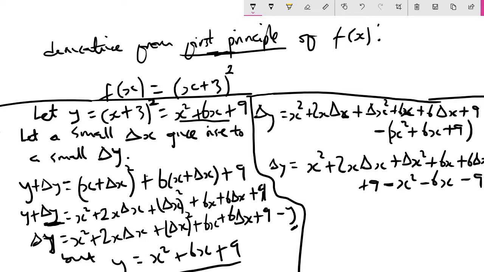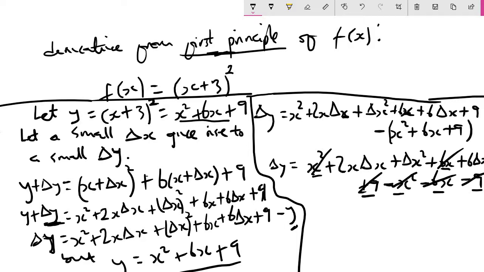Anyways, so now that we have this, watch, there's plus x squared minus x squared, there's plus 6x minus 6x, and there's plus 9 minus 9. As you can guess, this will take this away, that will take that away, and this guy will take that away.